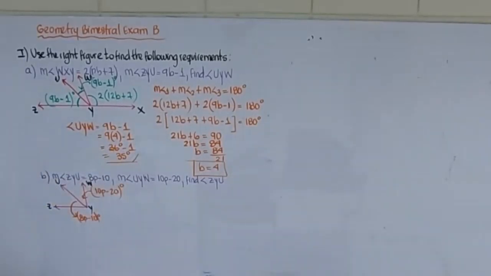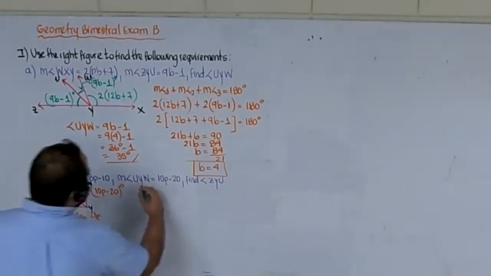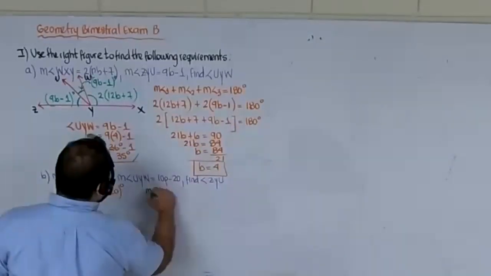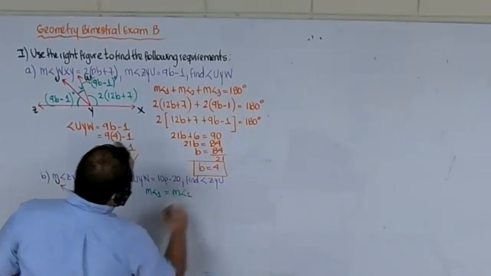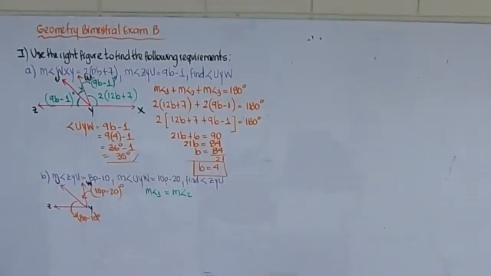Because we're talking about the bisection, that means the values for those angles will be equal. What we have to do is simple: the measure of angle 1 is supposed to be the measure of angle 2 because we're talking about bisections.